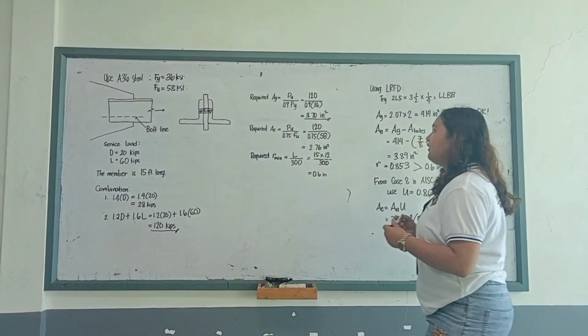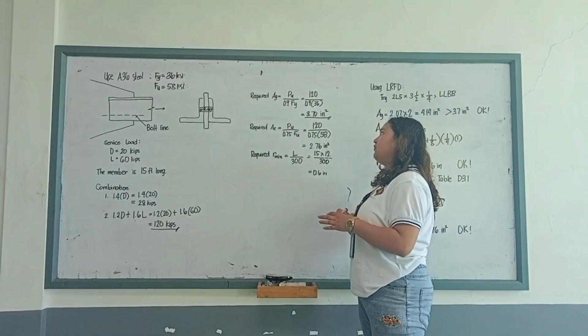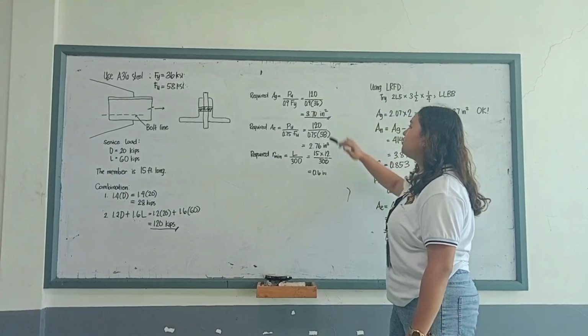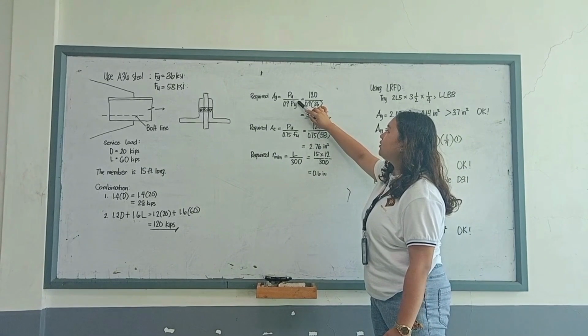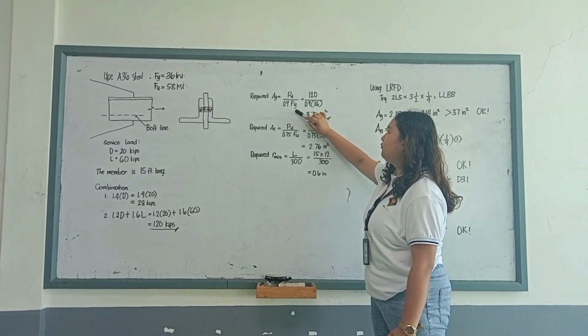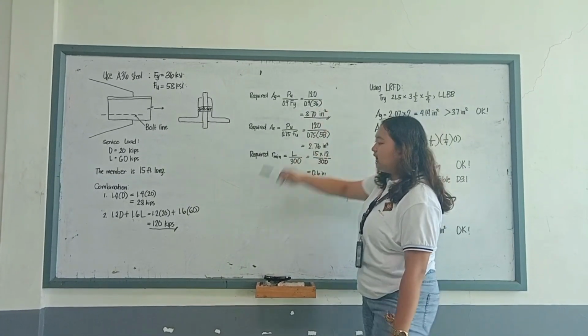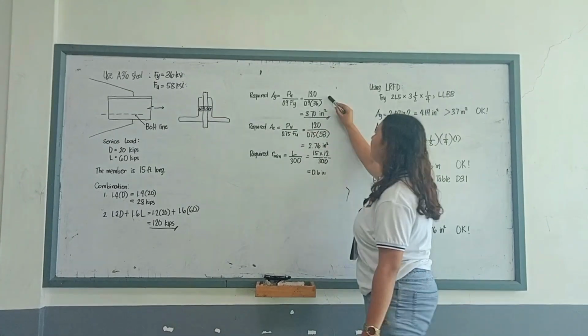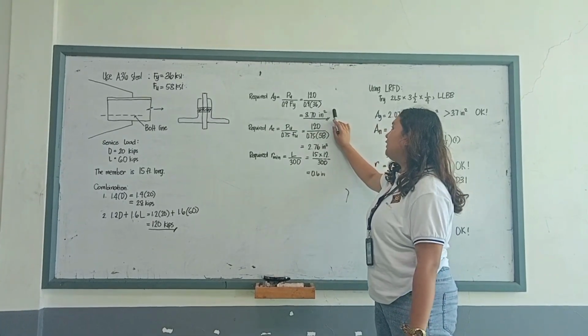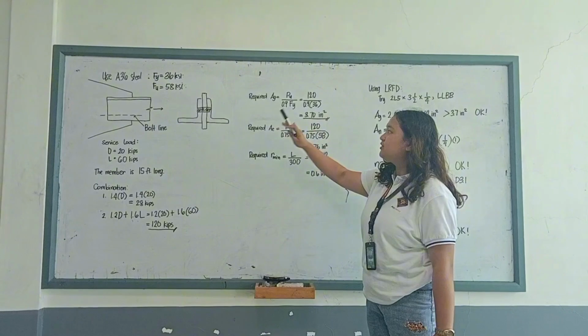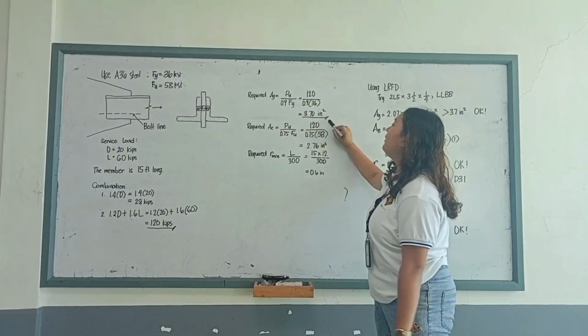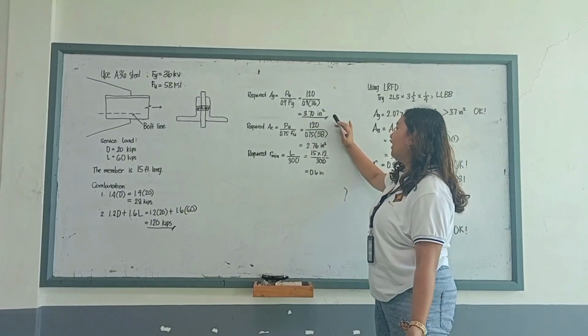Next, we solve for the required gross area. The formula is factored load over 0.9 times FY. So 120 over 0.9 times our FY of 36 KSI gives 3.7 square inch.